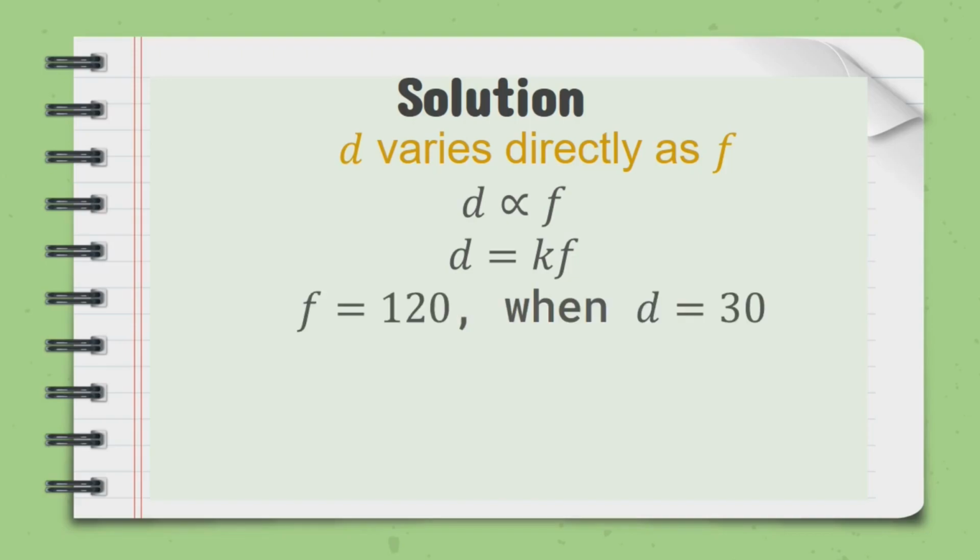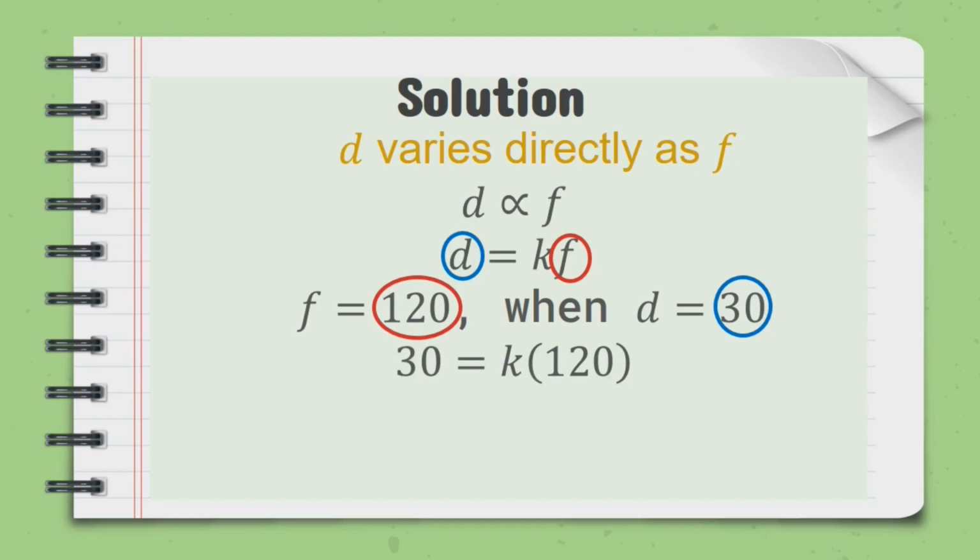And in our question, f was given as 120 when d equals 30. These two values can help us determine the relation connecting d and f, or the law of this variation. And to determine the law of this variation, remember we need to know the value of k, which is our constant of variation. And to do that, wherever I see d, I'm going to substitute the value 30, and wherever I see f, I substitute the value 120, and this becomes 30 equals k multiplied by 120.